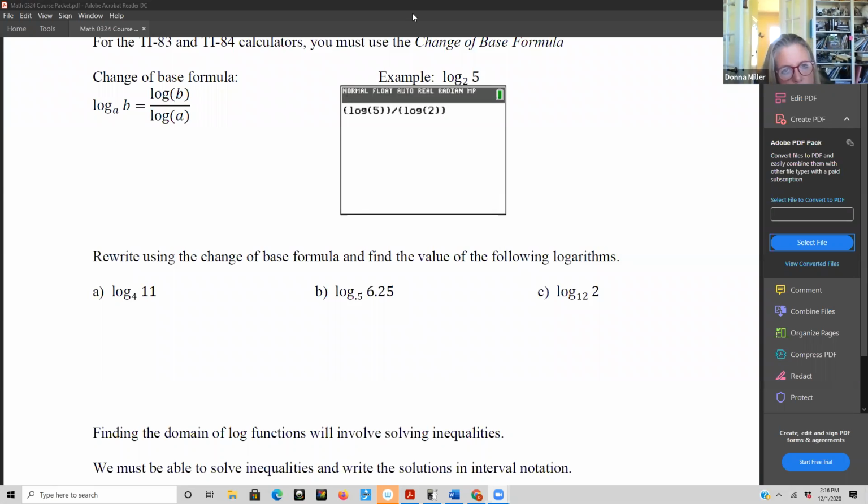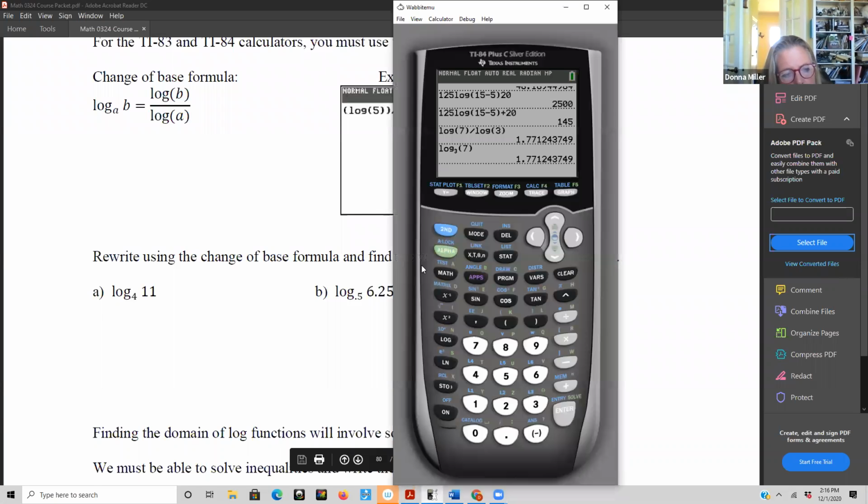On the TI-83, all I have to do is take the log of the big number over the log of the little number. So I'm going to do the log of 11 divided by the log of 4. I get 1.729.